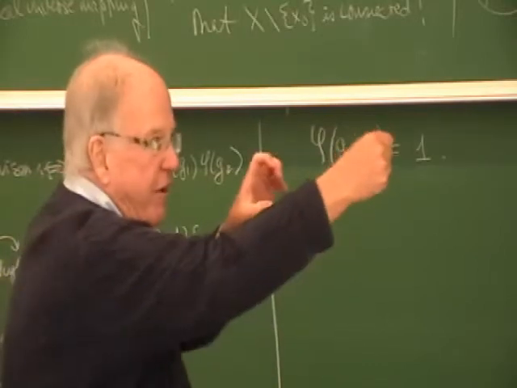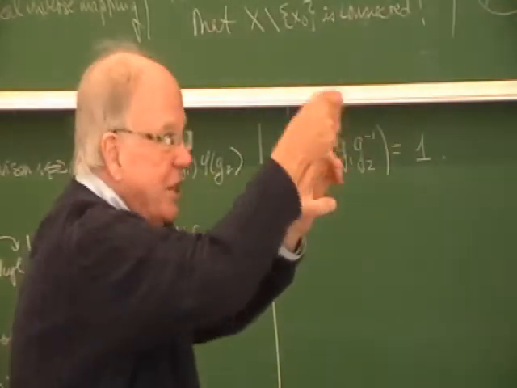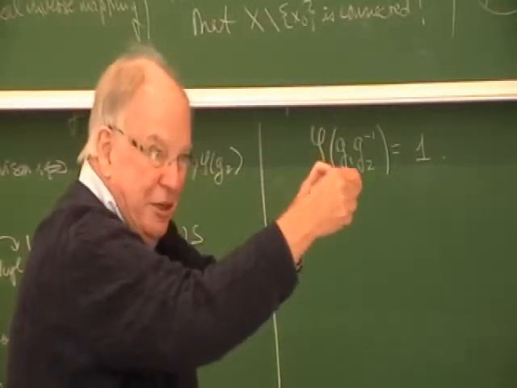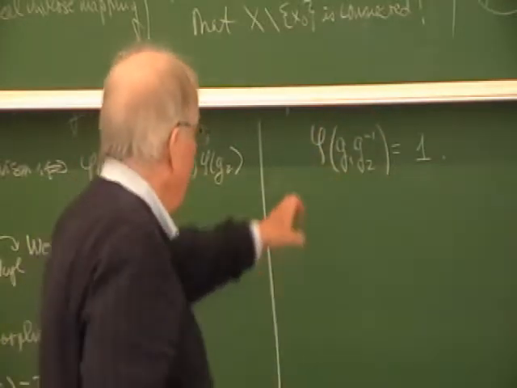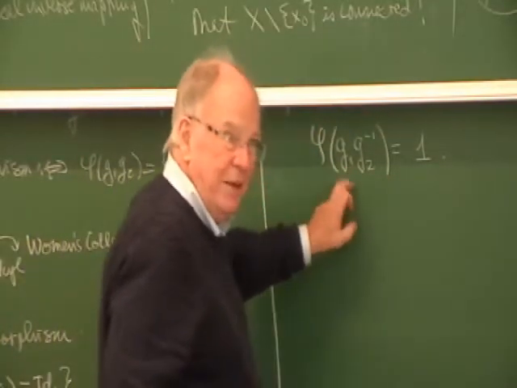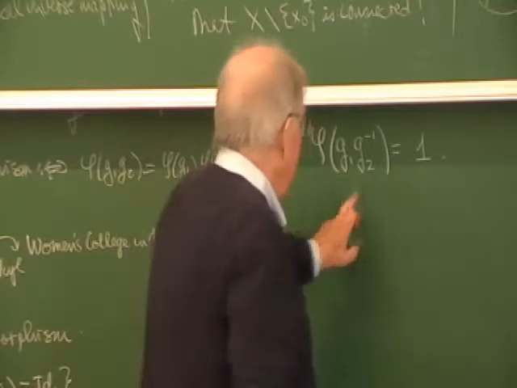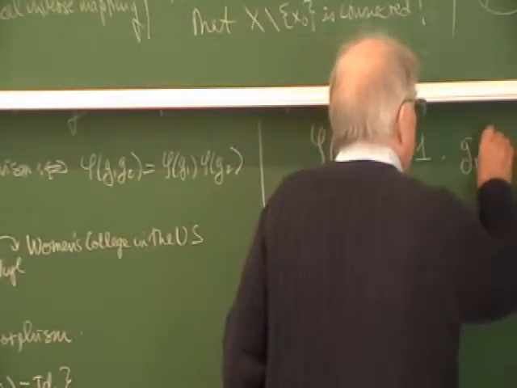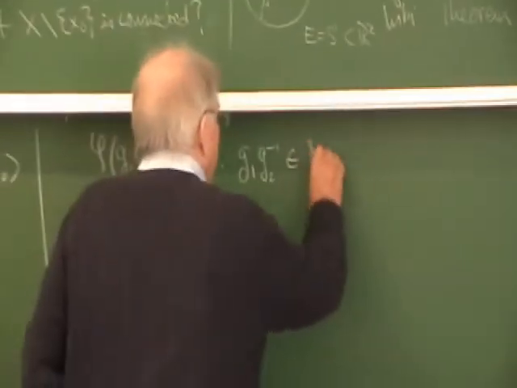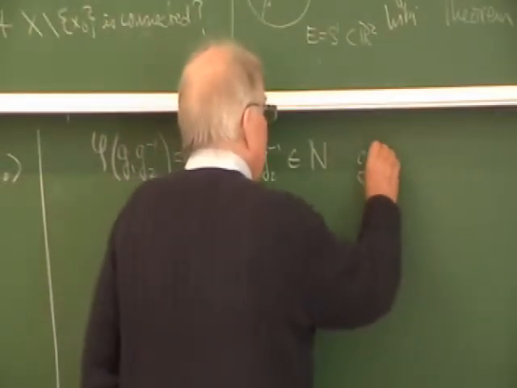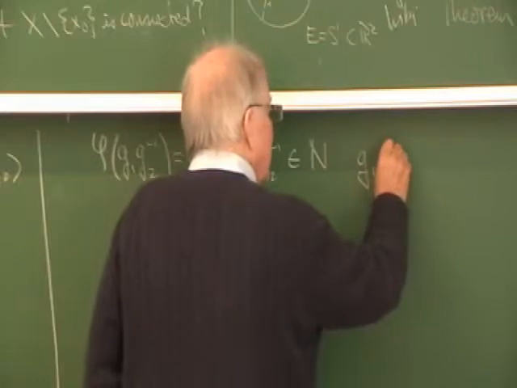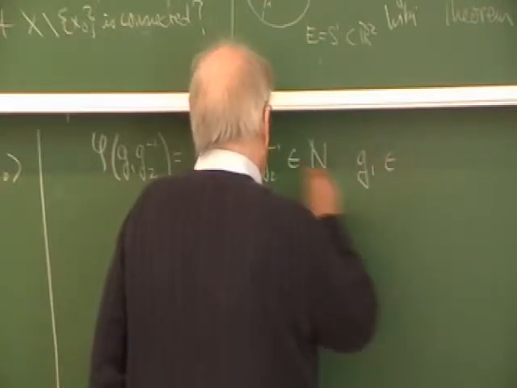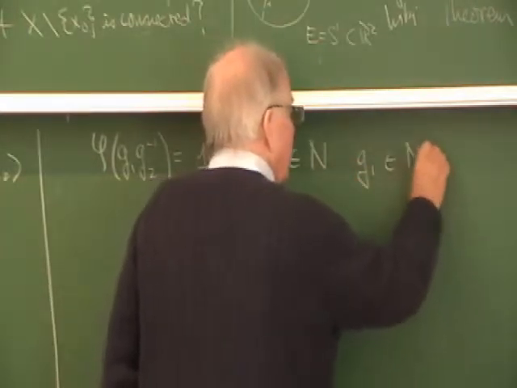So I have phi of G2 inverse, and I put it in here, use the homomorphism property. So it says that this is 1, is in n. That says that G1 is in, well, n times G2.